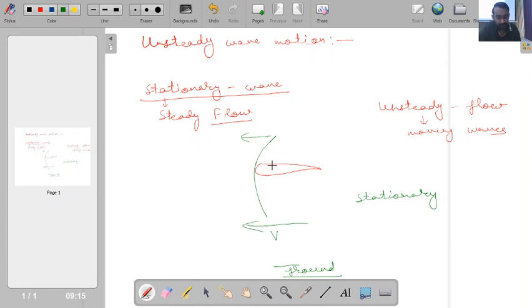Okay, so then any observer who is sitting on the plane, which is actually moving, and shock wave is also moving at the same velocity with the plane, that particular observer will find that our shock wave is nothing but a stationary wave, and our surrounding fluid is actually moving. And this is typically another way of looking into this problem.